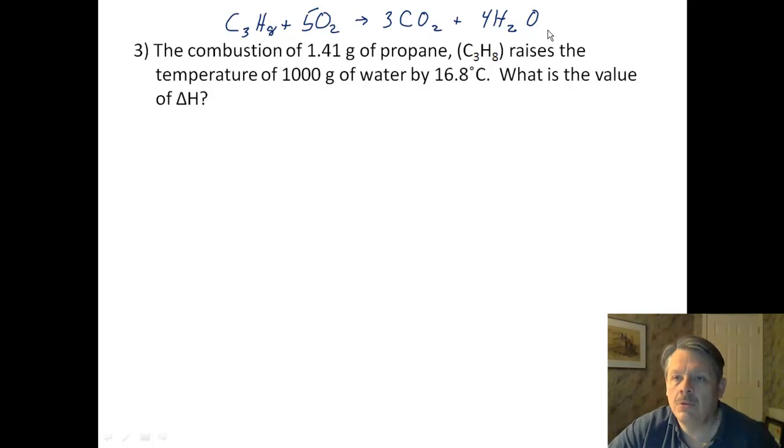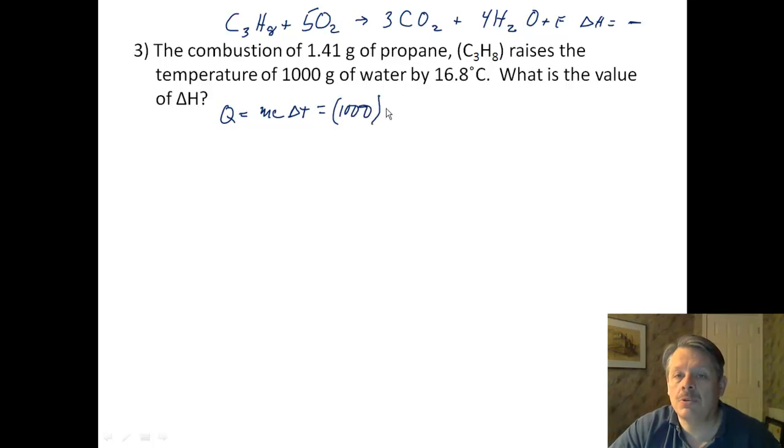What's the value of delta H? Well, combustion always generates energy, so your energy is over here. So your delta H is going to be a negative number. So let's go ahead and go through this problem. We have Q equals MC delta T, and that means we have 1,000 grams of water.